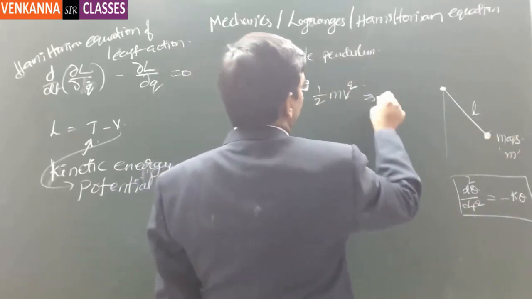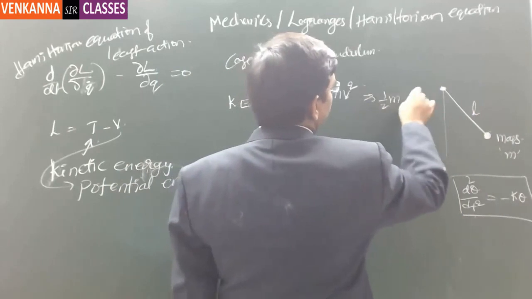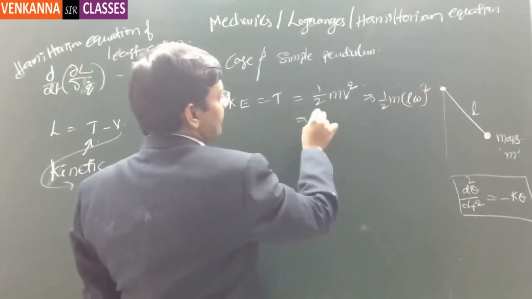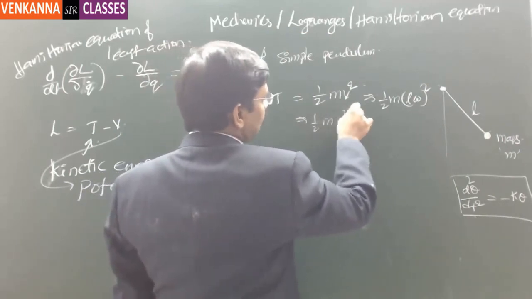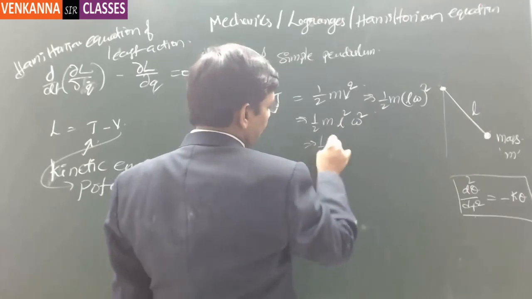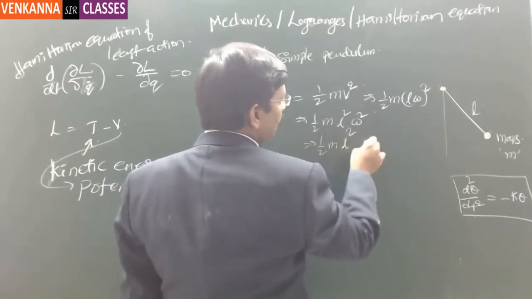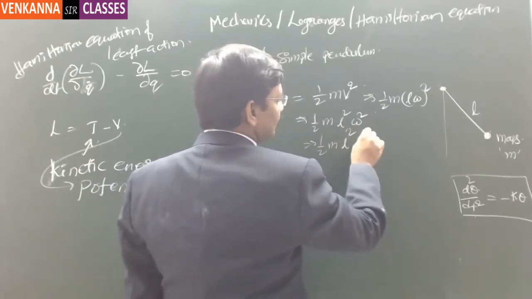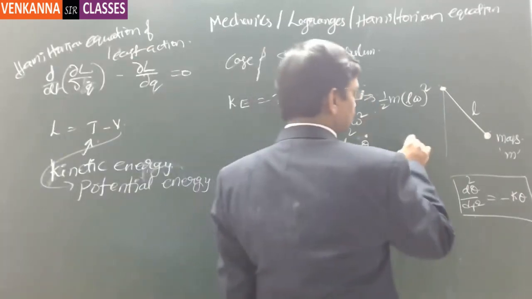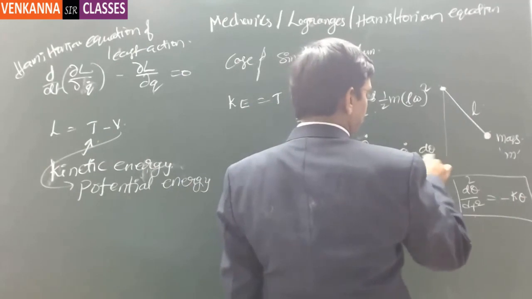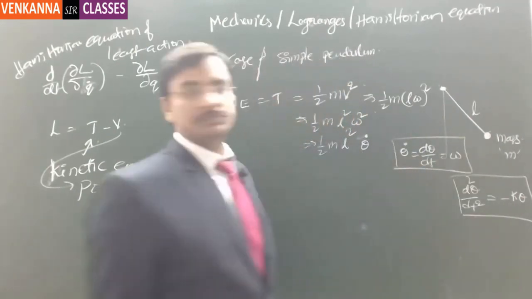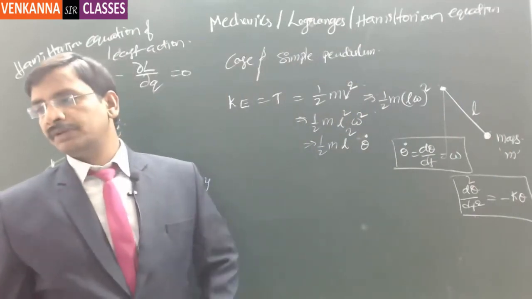So this is half m L omega whole square, or half m L square omega square. Now omega can be written as theta dot, where theta dot is d theta by dt. Got it, Deepak?